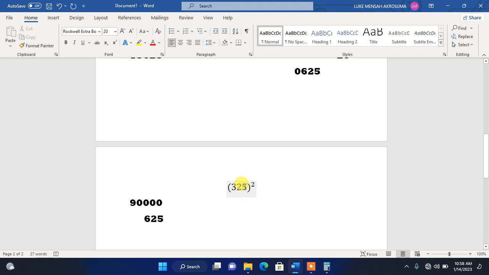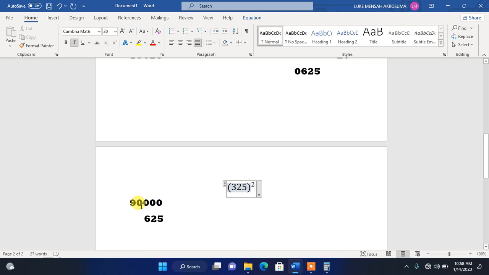25 here times 3 will give us 75. 75 times 2 is 150. Good. But remember, when we get a two-digit number, we write it just beside the first significant figure of the first square number.